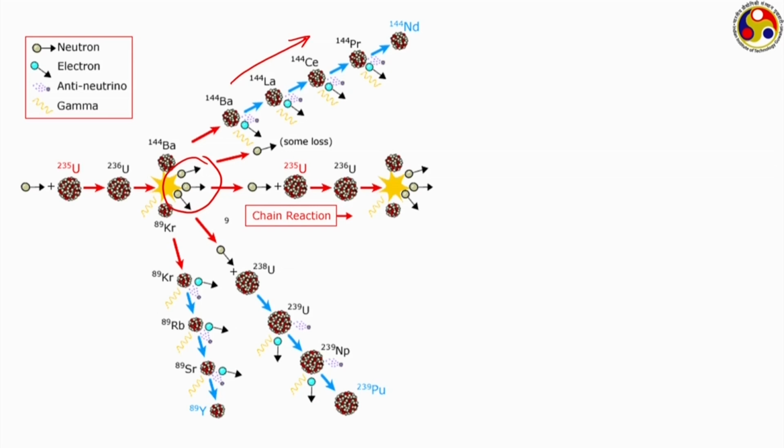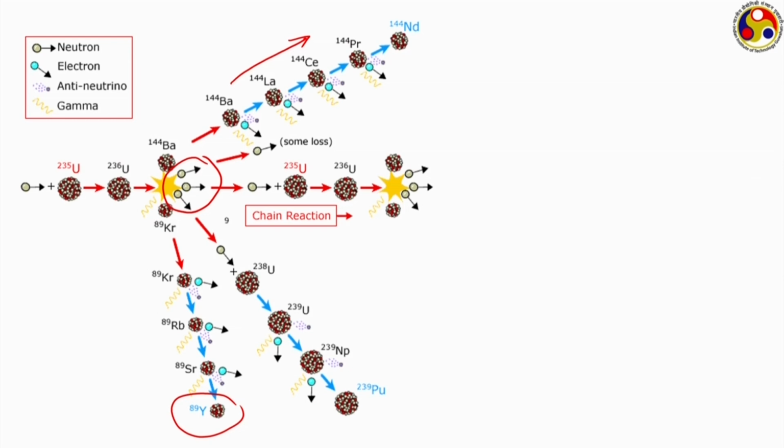Similarly, krypton also goes through 3 steps of beta decays, and finally this Kr89 gets converted to Y89, yttrium. So, all these radioactive decay processes involve beta decay, and they do not contribute any further neutron into the system.